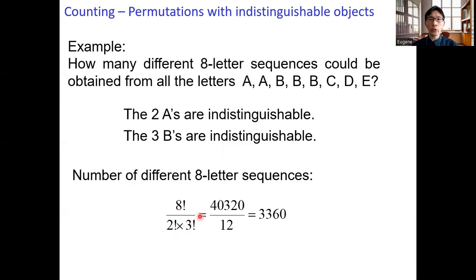And the 3 factorial, the number 3 is due to the fact that the letter B is repeated 3 times. So upon calculation, the number of different 8-letter sequences that could be obtained from the letters AA, BBB, CDE is 3,360. We have done the illustration.